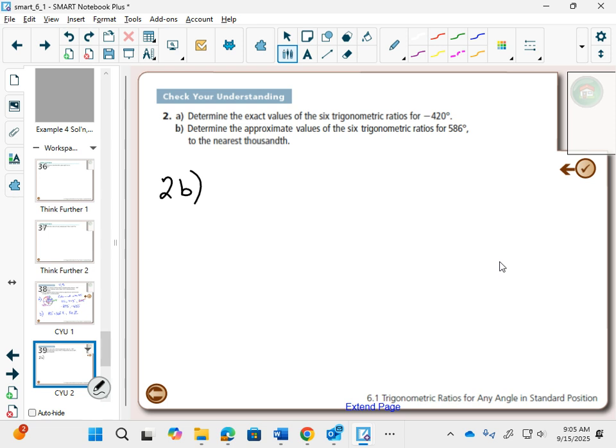Determine the approximate value. So this is just a calculator question for 586 to the nearest 1,000. So take out your calculator.